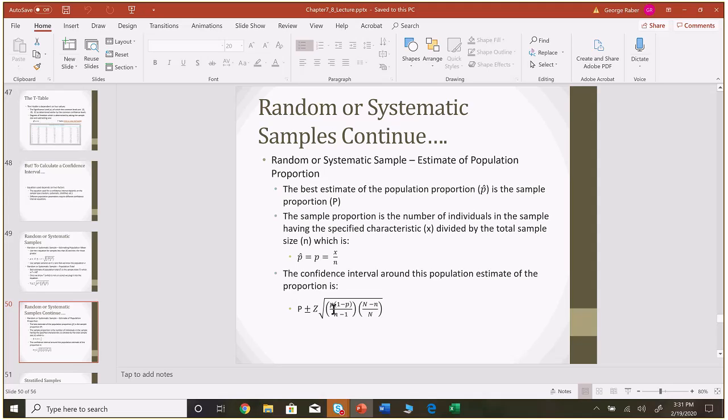So if the proportion of people who said that they were going to vote for Donald Trump in our sample was 60%, it would just be 60 times 40 divided by the number of samples minus 1. Okay. And if we could assume it's an infinite population, we didn't need a finite population correction factor, that would be it. Take the square root of that value, multiply it by 1.96, and then we get our plus or minus.